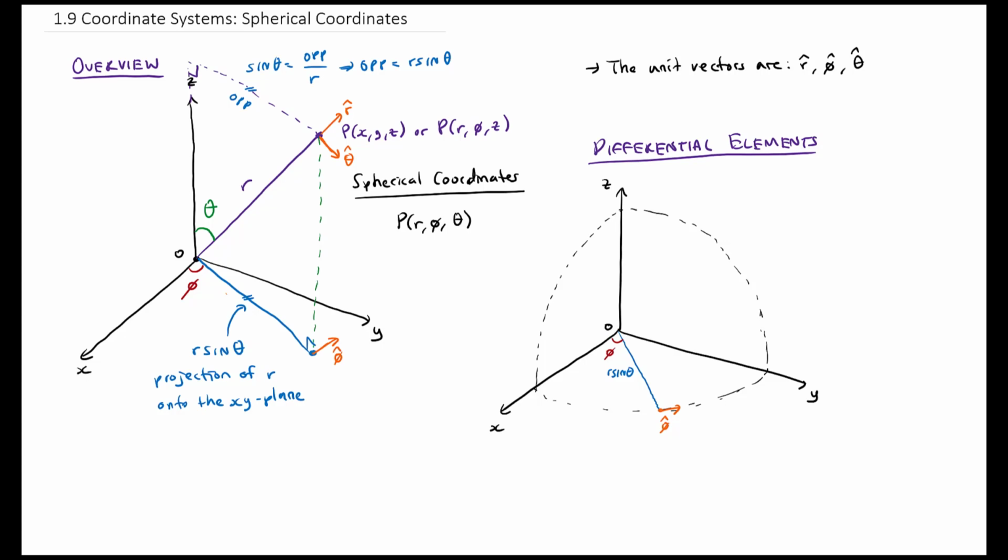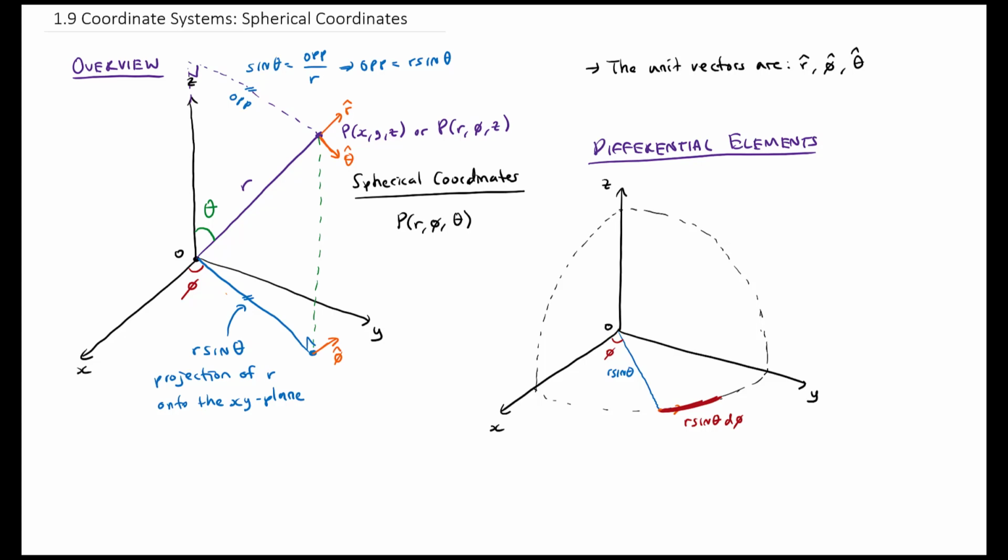So that means I'm going to move, let's make this much bigger. This is going to be an arc length, and it's going to be r sine theta d phi.